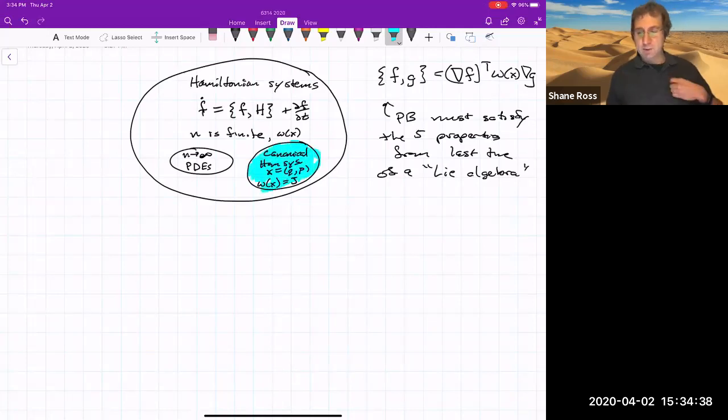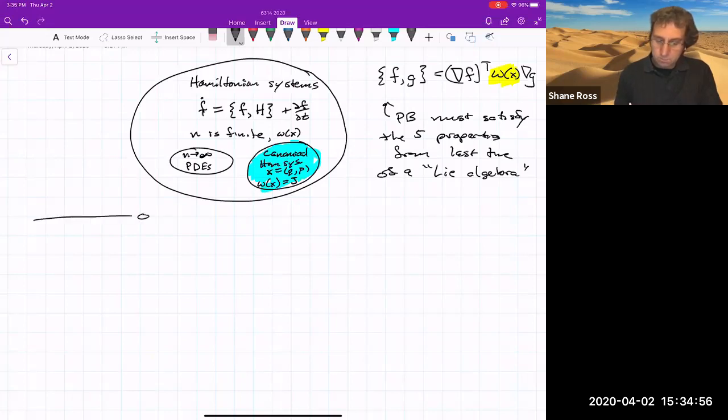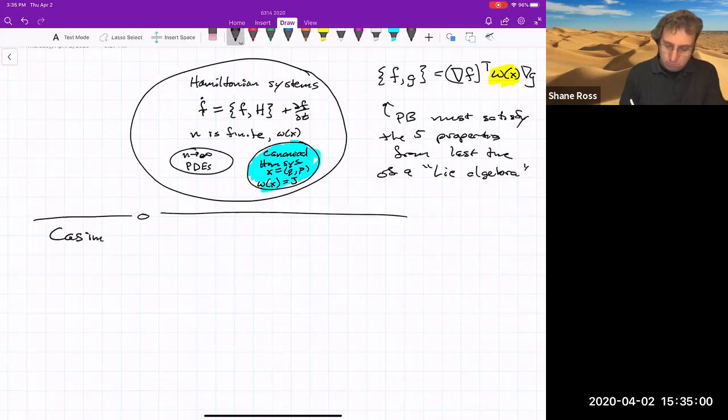For non-canonical Hamiltonian systems, you get an omega of x, a Poisson matrix, which could lead to something called Casimir functions. And that is what I wanted to talk about now. So what are Casimir functions?